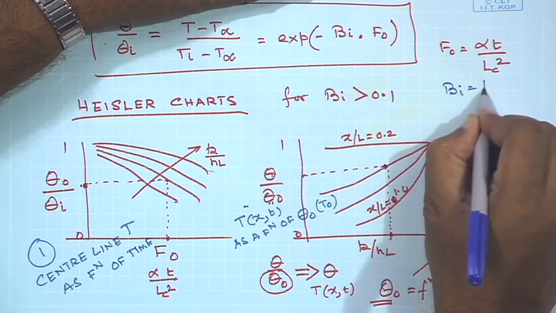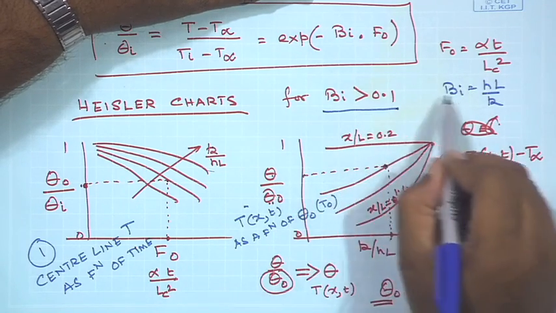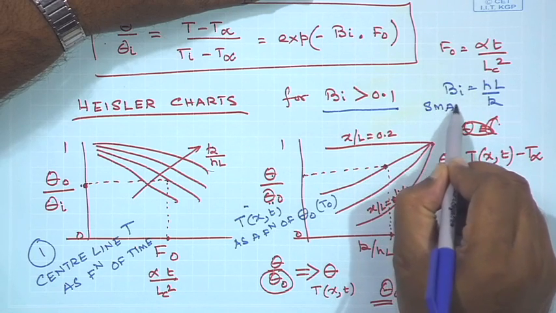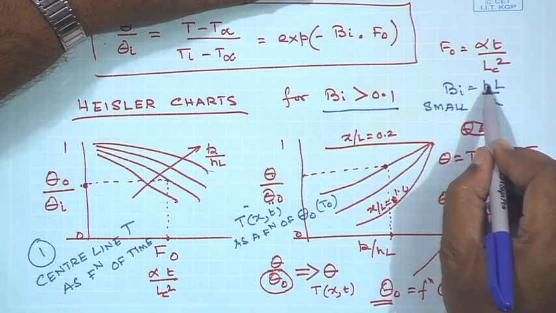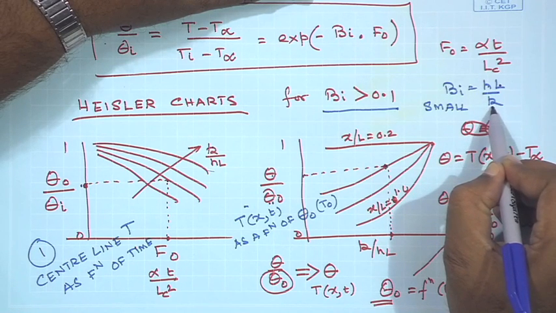So, Biot number less than 0.1, and the Biot number is h L by k. In order for the Biot number to be small, the value of h has to be small, the length has to be small, or the thermal conductivity has to be large.